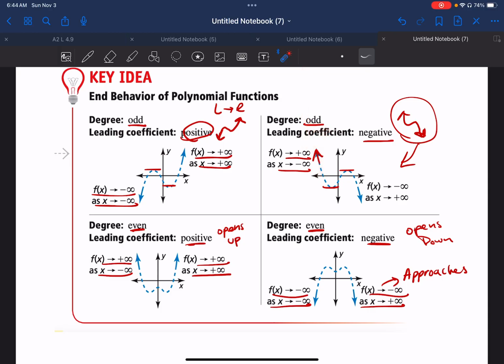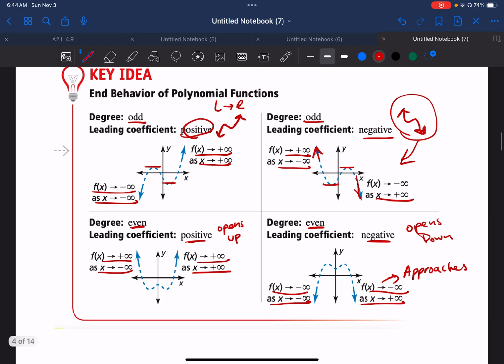It still goes on forever. And that can be a little confusing. On the positive side of the x-axis, the graph's going down, and so it shows that it's down. So take some time to write this down, and then we're going to do a couple examples together.